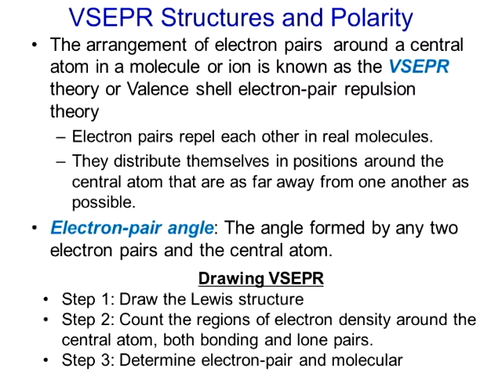The angle formed by any 2 electron pairs at the central atom is what we mean by an electron pair angle. So what's the angle formed once these atoms are added to the central atom and they repel each other, they push each other around until they find this energetically low position, that angle is called the electron pair angle.